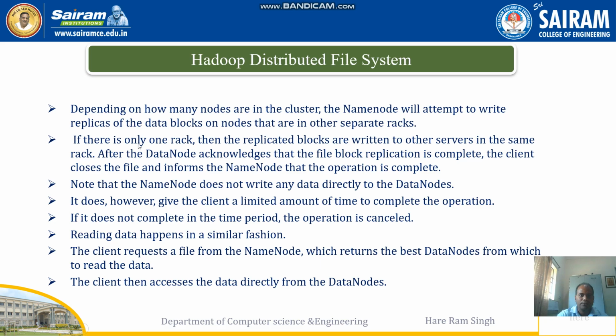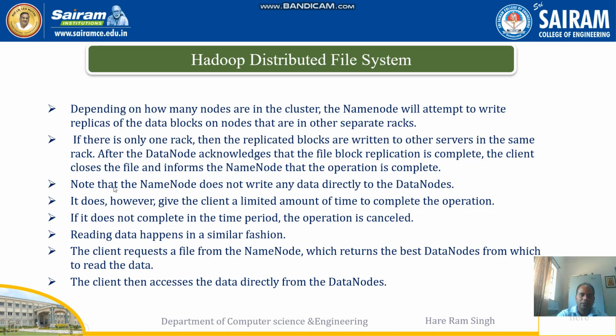If there is only one rack, then the replicated blocks are written to other servers in the same rack. After the data node acknowledges that the file block replication is complete, the client closes the file and informs the name node that the operation is complete.